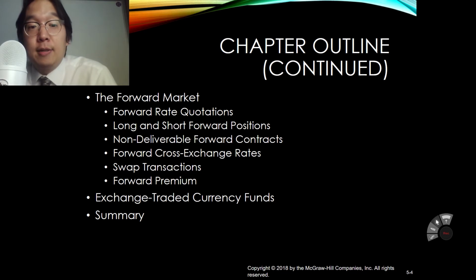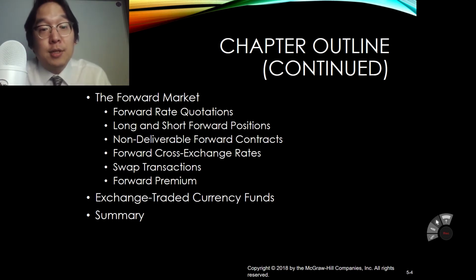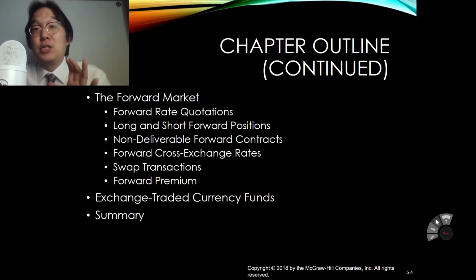And then swap transactions, we're going to talk a little bit about it, and then forward premium, that kind of concept will be discussed. And then the exchange traded currency fund is also there, an ETF in the stock market. Wow, a fund in the stock market that tracks foreign exchange.